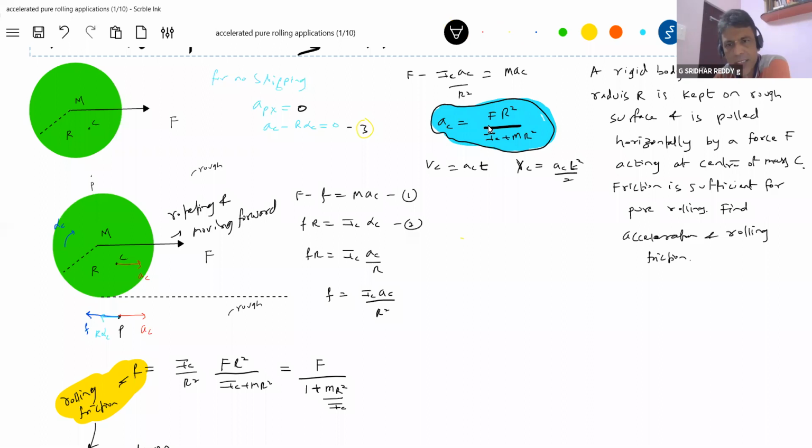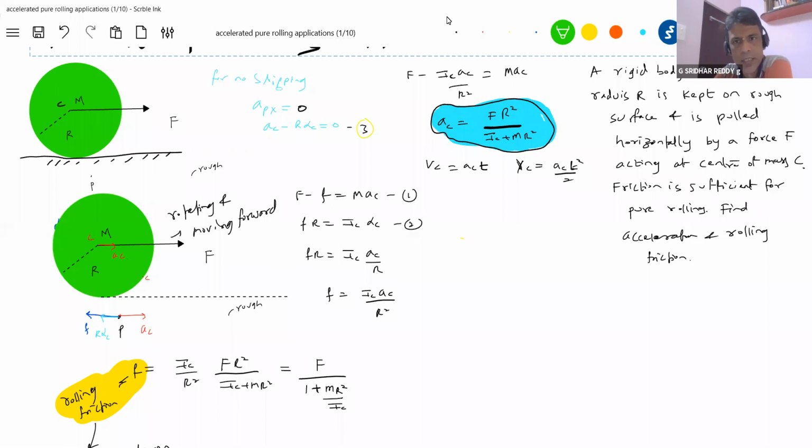From yesterday's discussion, we had a rigid body kept on a rough horizontal surface, then it is pulled by a force acting at the center of mass. What we know is the friction that is acting is a rolling friction.